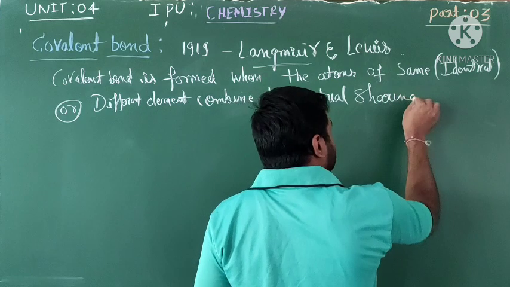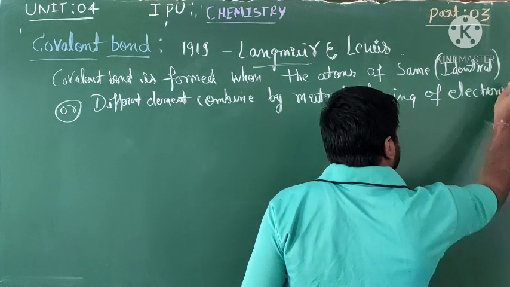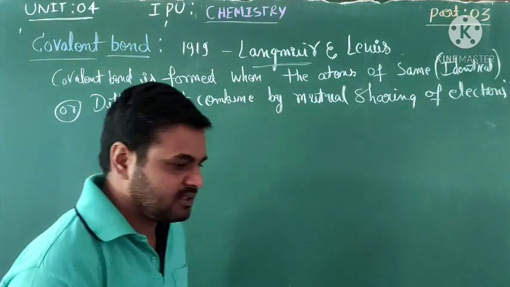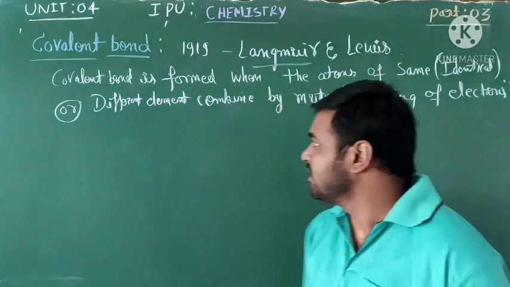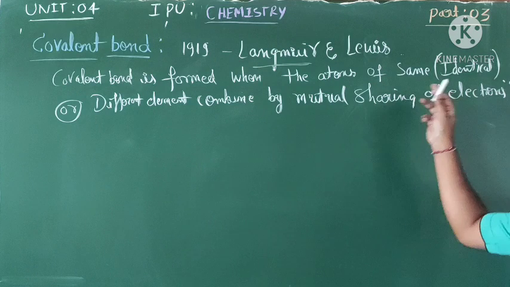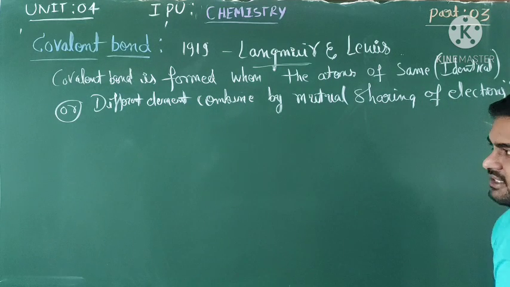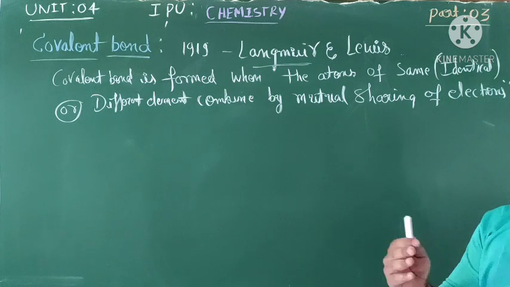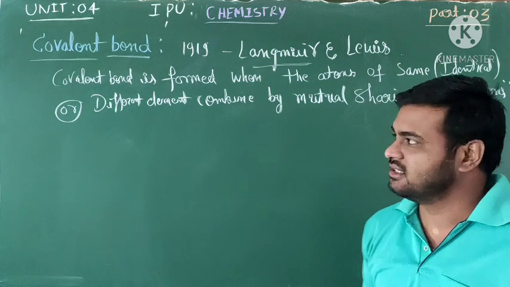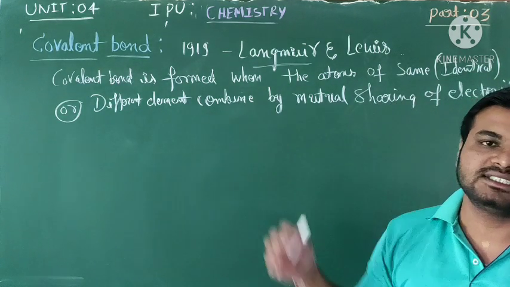Sharing of electrons. Okay. This is the definition of covalent bond. How is a covalent bond formed? When the atoms of the same element or different elements combine by mutual, equal sharing of electrons. This is how one type of bond, which we call a covalent bond, is formed.